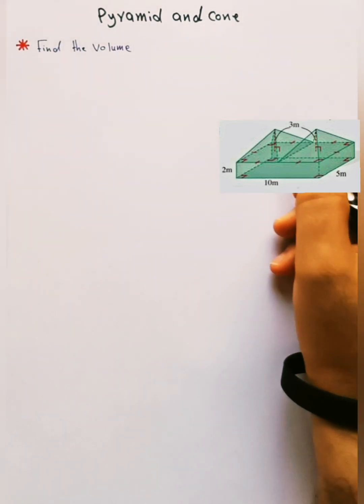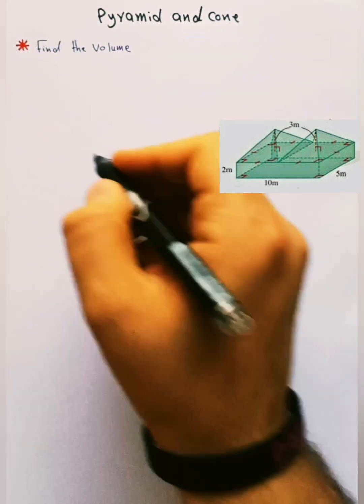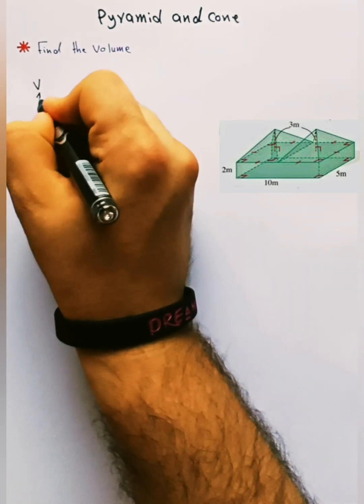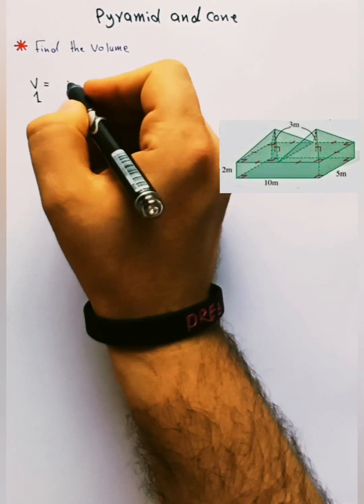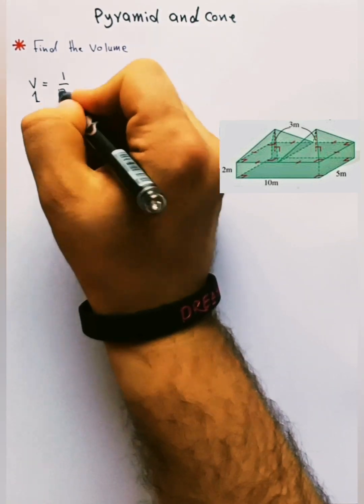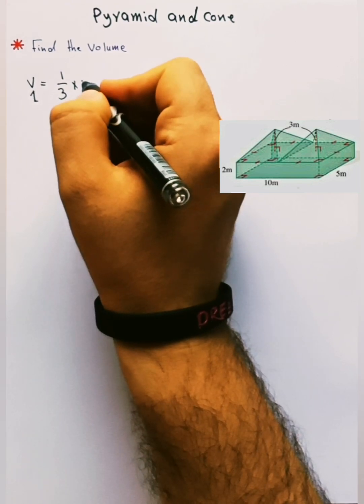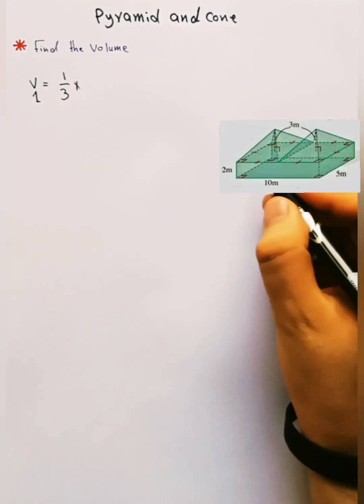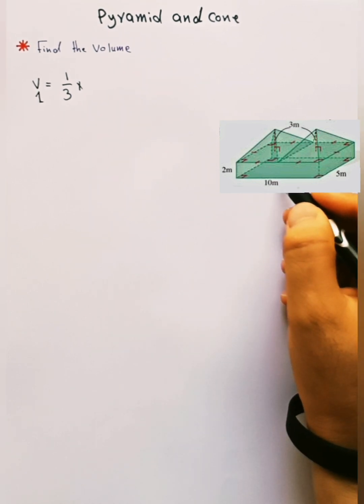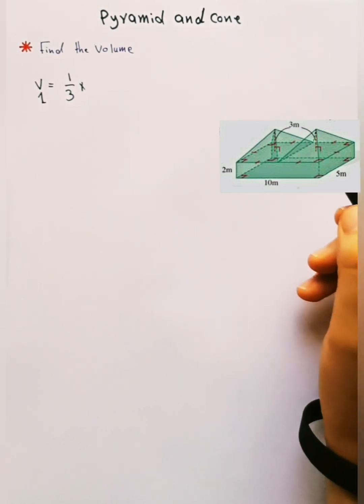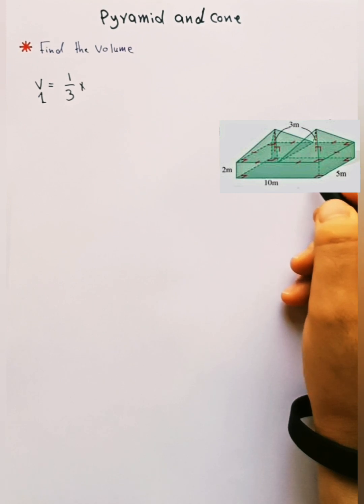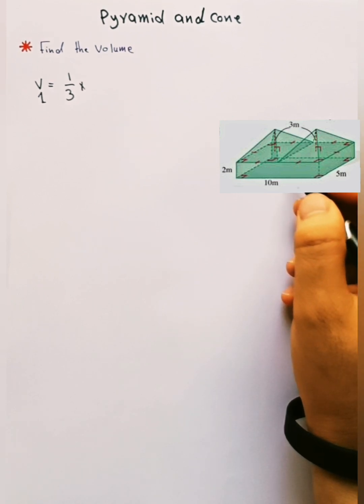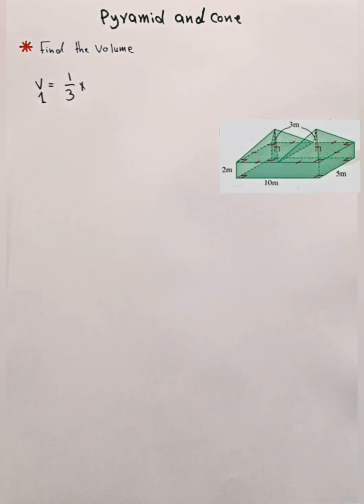So the volume for the first pyramid, this is volume 1. The rule is 1 over 3 multiplied by the area of the base. The base is a rectangle, 2 times half of this 10, 2 times 5, because this rectangular prism is divided by 2 for these 2 pyramids.